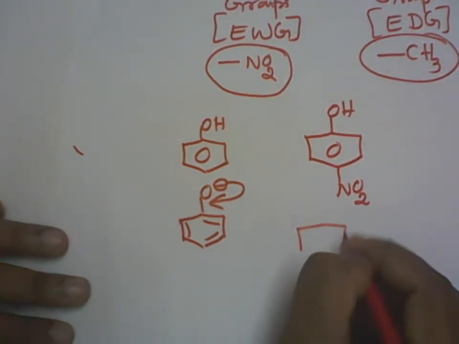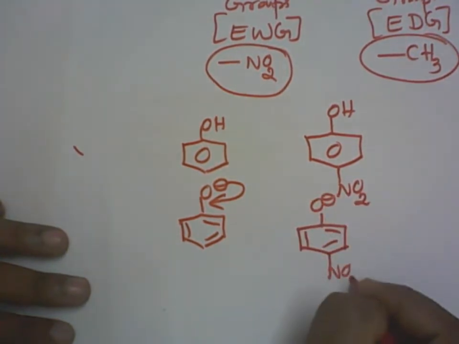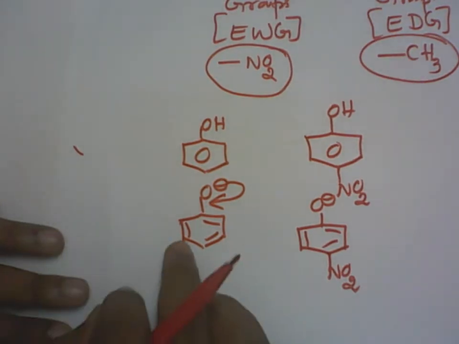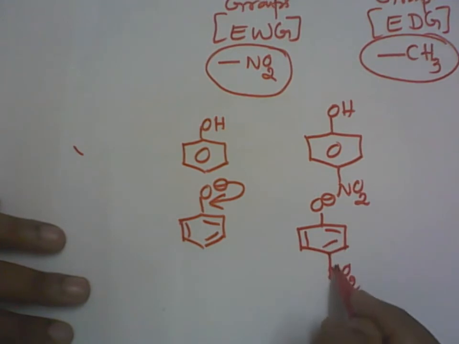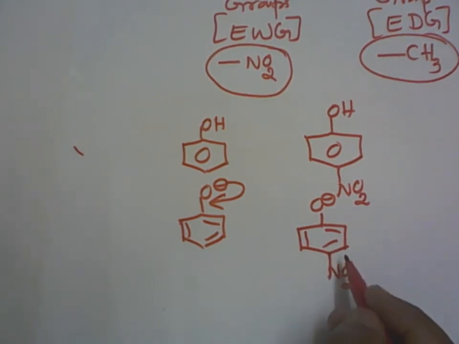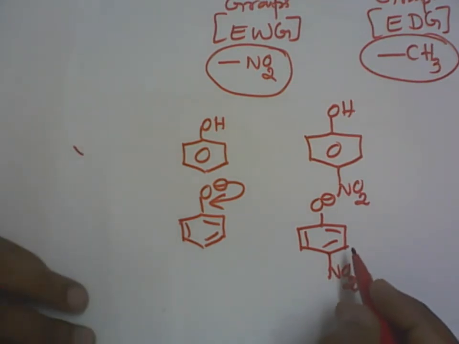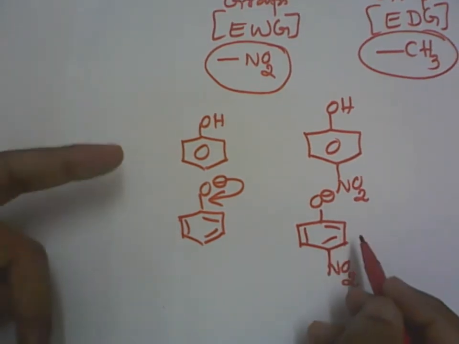Here also we get phenoxide O minus, and there is a NO2. Now the question is which will be more stable? Is it this phenoxide or this nitrophenoxide? Which is more stable? If one of them is more stable, then that will be more acidic in nature. The more stable the phenoxide ion, the more acidic in nature.